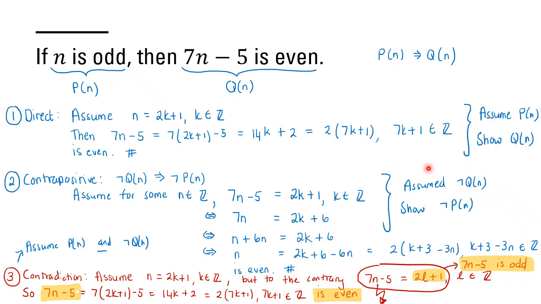Both of them assume that not Q is true. In the one, we show that it has to follow that not P is true. But in the contradiction, we assume immediately that P is true, and this results in a big problem.